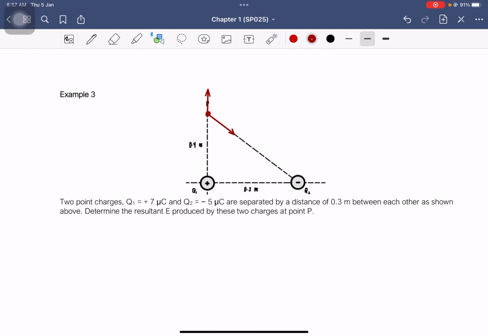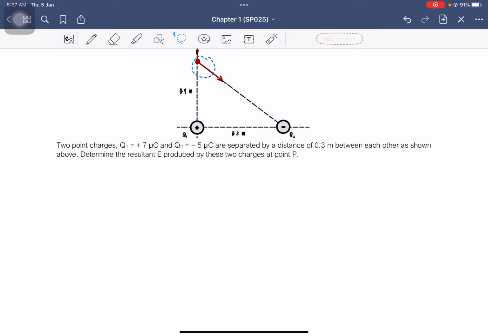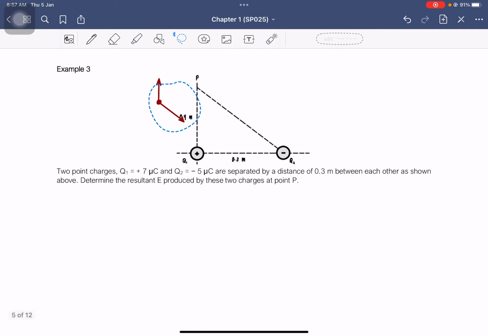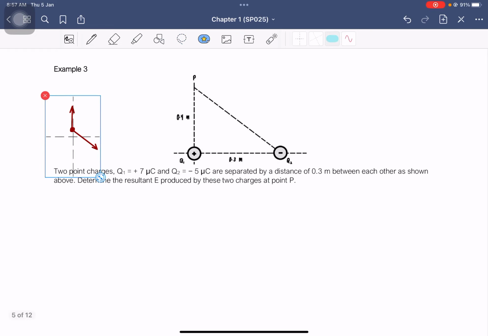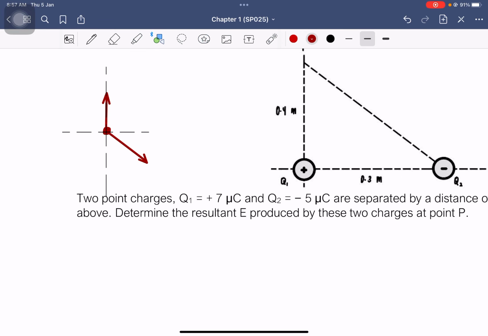Let me just drag this. So this is basically the drawing of the electric field strength diagram. The diagram is like a free body diagram, but this is an electric field strength diagram.